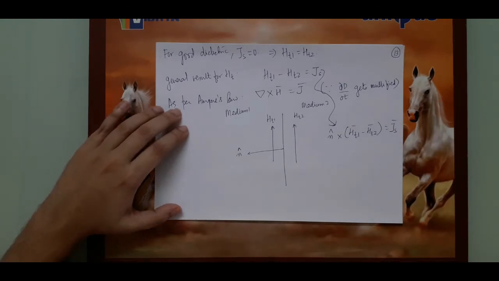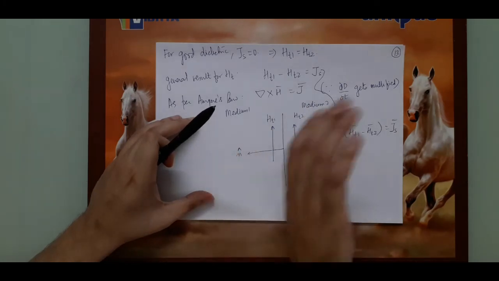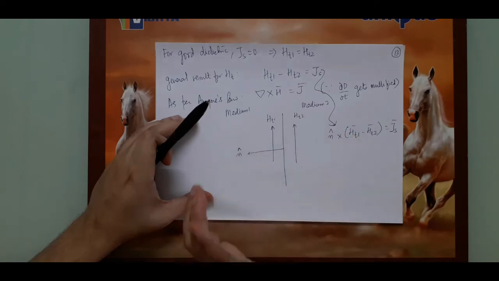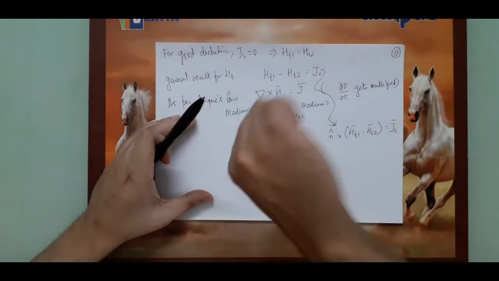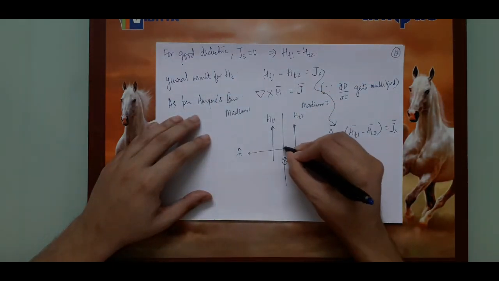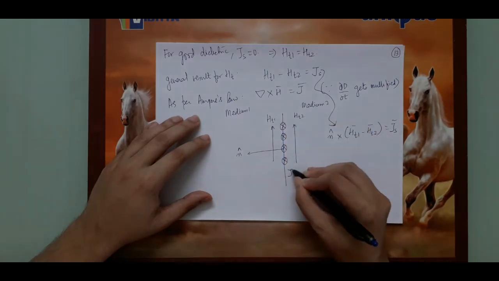So now if I apply the right hand thumb rule and take the cross product of this N and HT, so my curling fingers are pointing from N to H, so my thumb is pointing down. So therefore at the surface current will exist going into the plane of the paper.